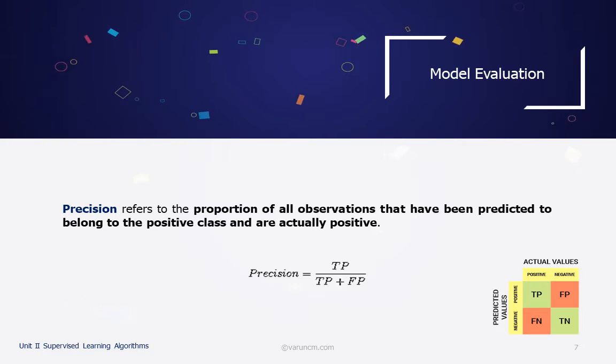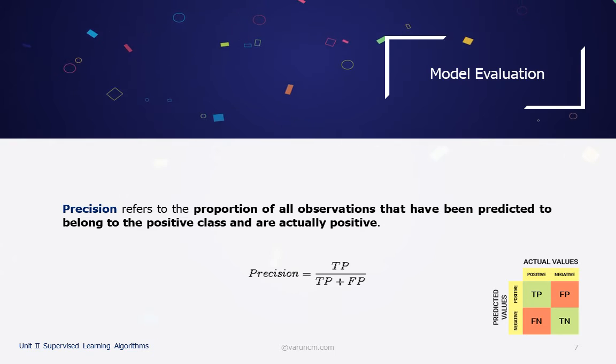When FP goes to 0, the TP plus FP value becomes equal to TP, so obviously the precision value will be high. So precision helps you visualize the reliability of the machine learning model in classifying samples as positive.